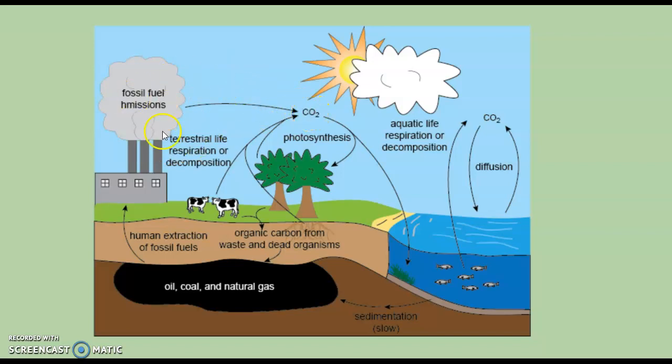So this releases a lot of carbon dioxide into the atmosphere. And maybe you guys have heard that burning fossil fuels is bad. It can be bad to an extent. The reason for that is because if you increase these emissions, you increase this continuous release of carbon into the air, it's going to raise our temperature.